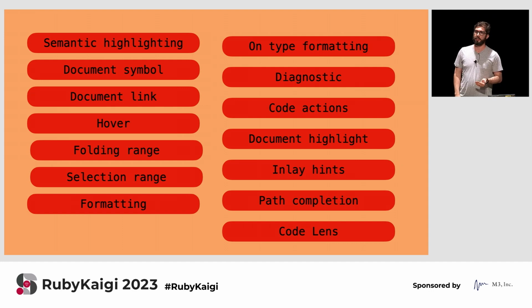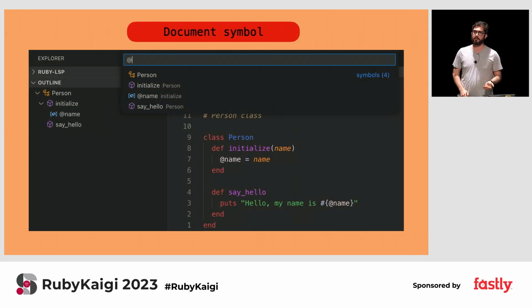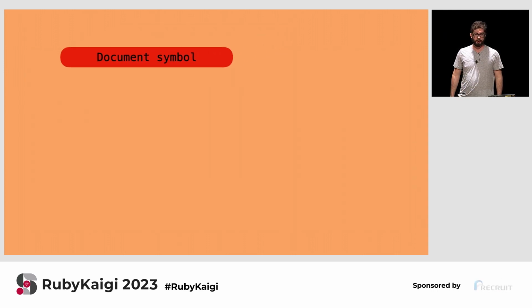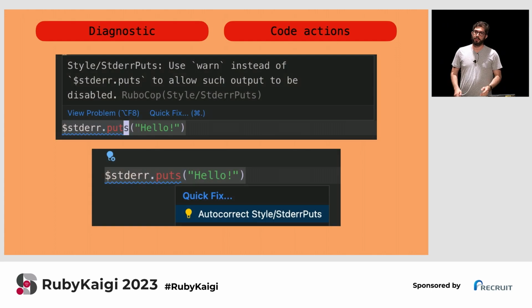These are the features that are currently supported in the Ruby LSP. I'm not going to show every one of them, but just a few examples. We support document symbol, which allows you to fuzzy search declarations inside of the current file and also populates the outline tab on the left. We have integrations with Rubocop to display violations in the editor using diagnostics.